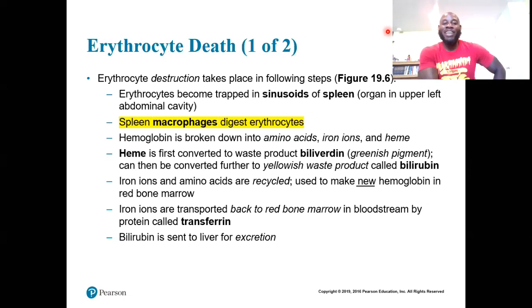Spleen macrophages, and you're going to see this term macrophage often, especially when we talk about your body's immune response, digest erythrocytes. Hemoglobin is broken down into amino acids, iron, and heme. Heme is first converted to the waste product biliverdin, and then can be converted further into bilirubin.